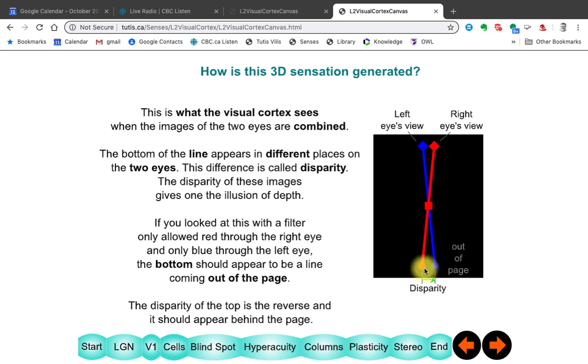And you can see red is over here, blue is over here. Cells over here would have the opposite disparity. And if you were successful in looking at the previous games, you'd find that this one here should appear above, out of the page, and this one here below the page, I believe.